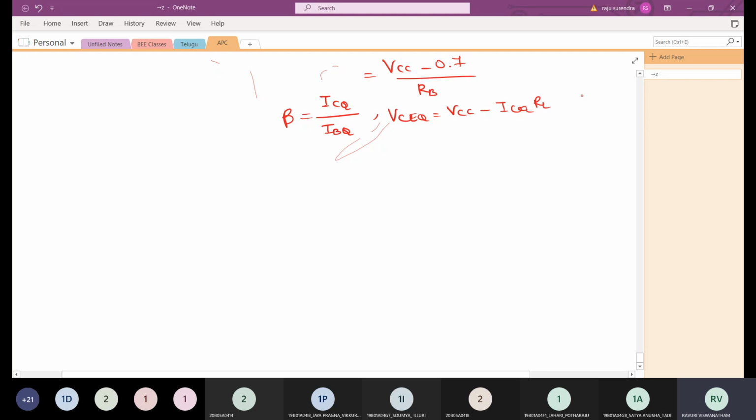All of you understood this step? What is the Q point? VCEQ, comma, ICQ. All of you understood?